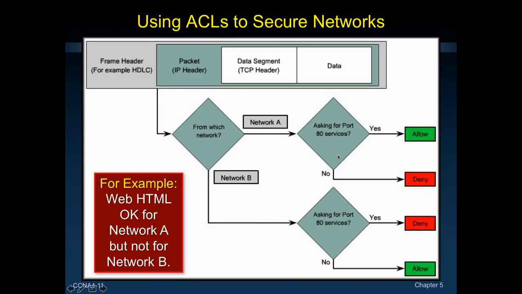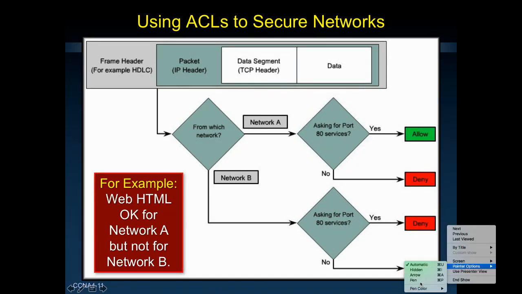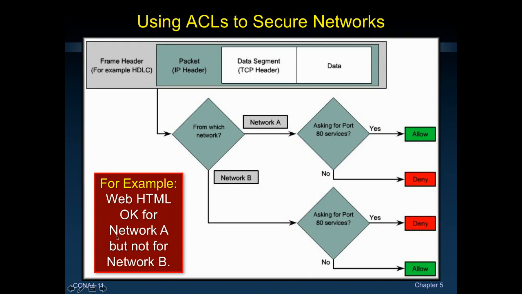Okay, so how is the packet filtered using ACL? For example, we have two networks: the first one is network A, and the second is network B. Network A can access the HTML web, but network B cannot access the HTML web.